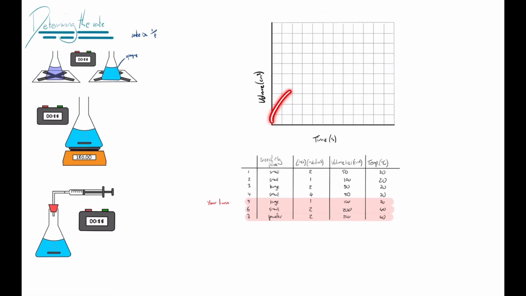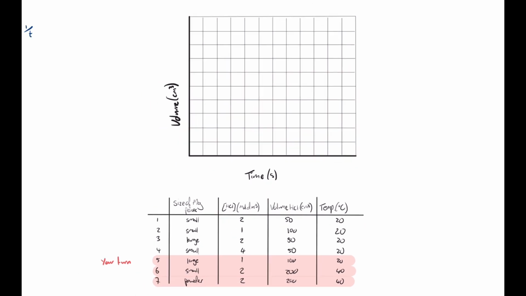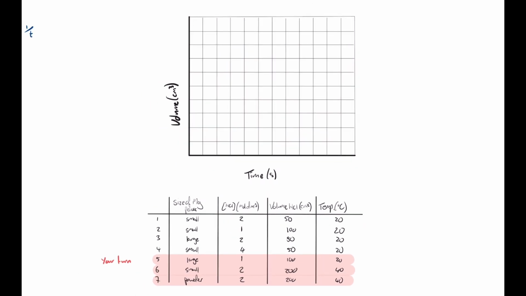This time, our graph's going to look something like this. So let's say this is what we're using. We're using, again, this continuous rate method, and we're going to draw what a graph might look like. We're not too worried about the numbers within this graph as of yet, but we'll get into this bit now.